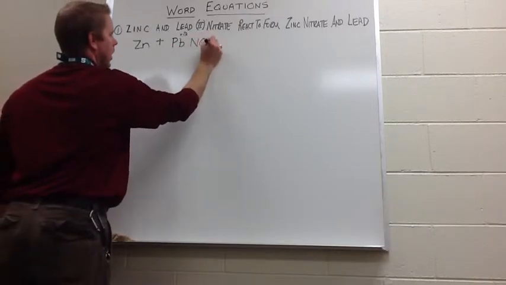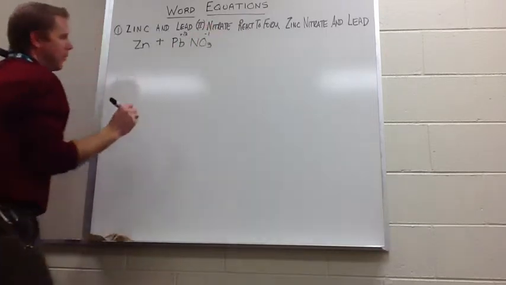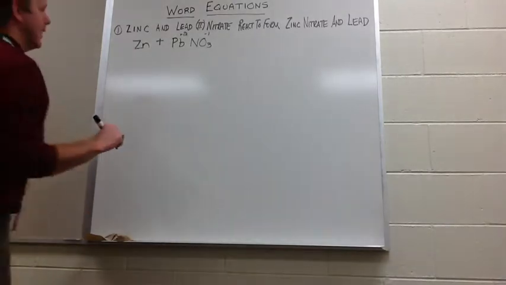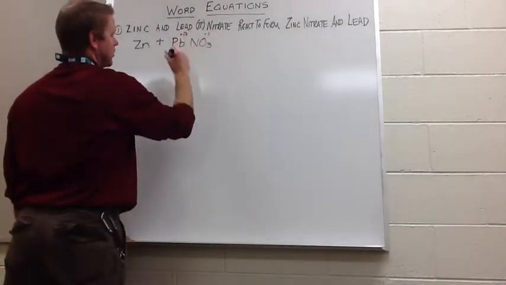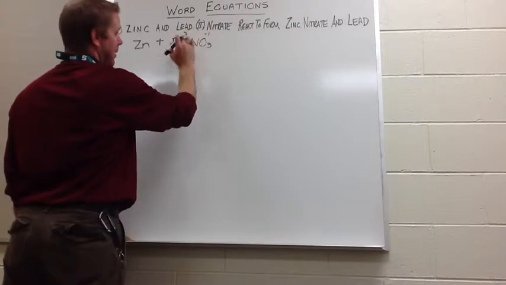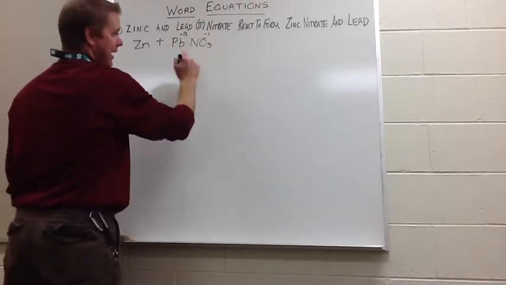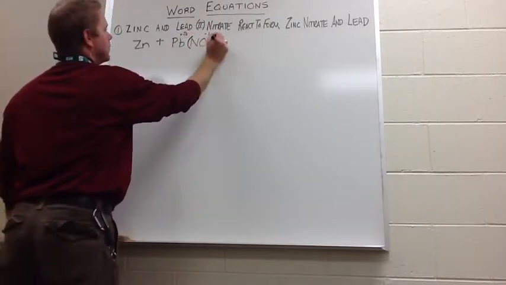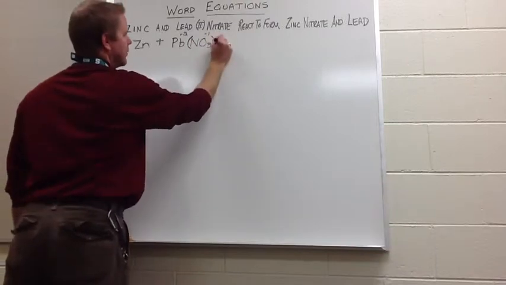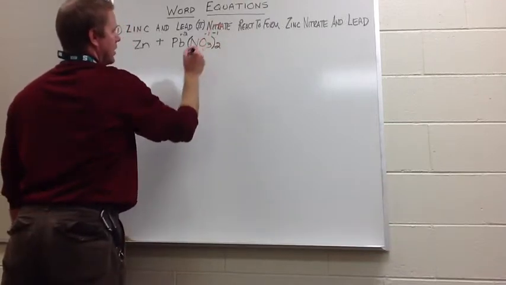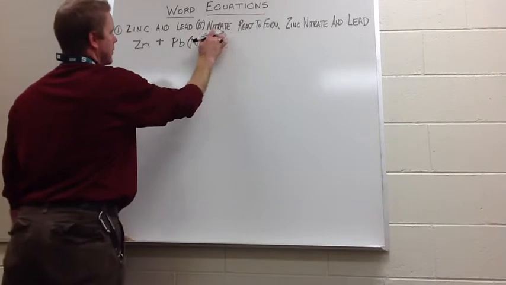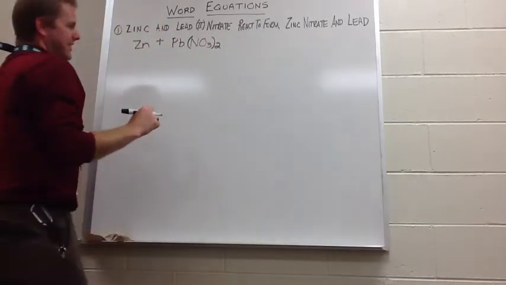Nitrate is NO3, which carries a -1 charge. Therefore, I haven't written that properly, have I? Because these two charges don't cancel. This is an ionic compound, a metal and a non-metal, a positive and a negatively charged thing. So you put parentheses around it and give yourself 2 nitrates, -1, -1, and now the charge is canceled. Got to erase those just to keep things clean.